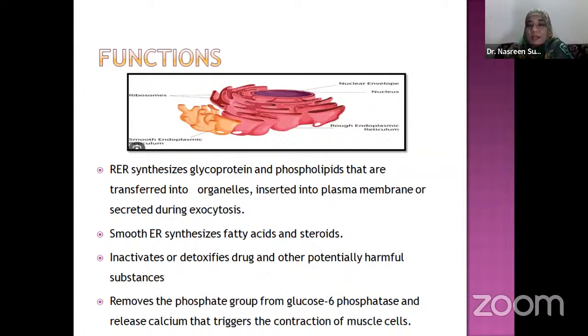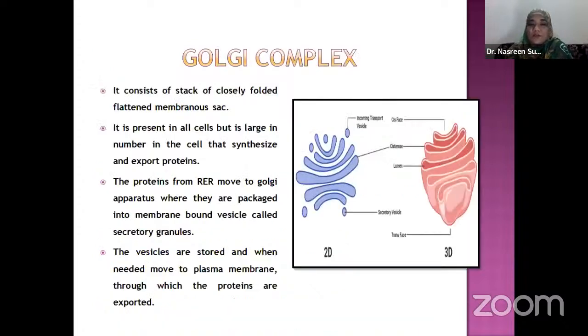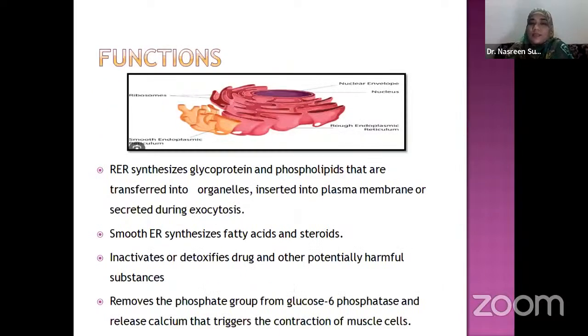Then these phospholipids and glycoproteins are transferred into organelles. Then they are inserted in the plasma membrane, and whenever there is exocytosis, release of material constituents outside the cell, at that time they are secreted outside. Smooth endoplasmic reticulum, as I said, helps in the synthesis of fatty acids and steroids, and also helps in inactivation of different drugs and other potentially harmful substances.